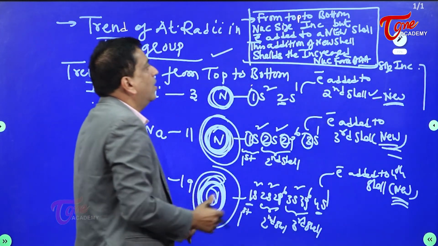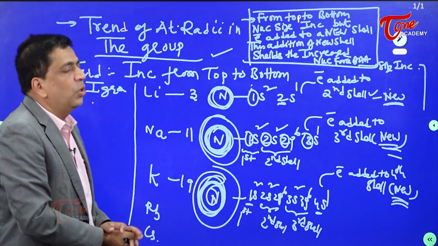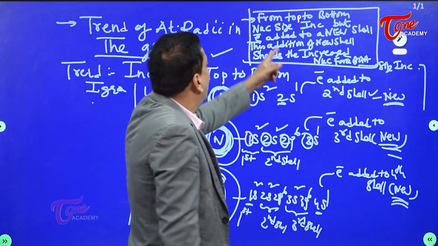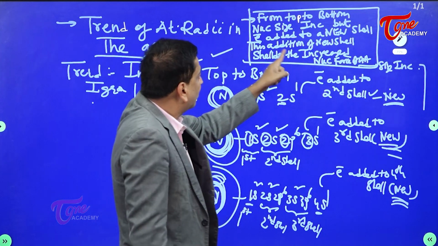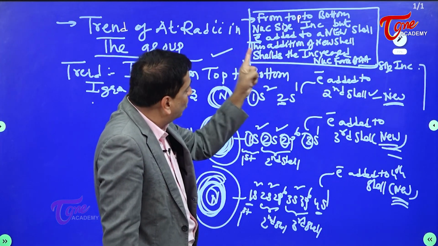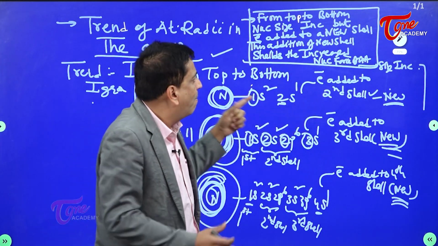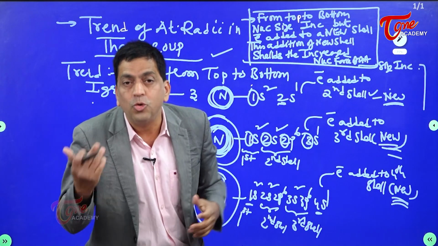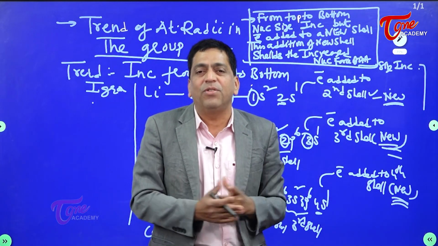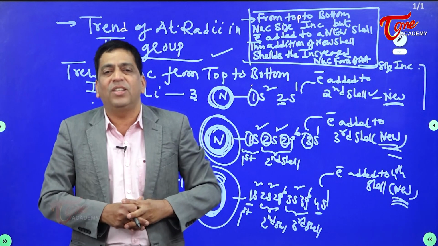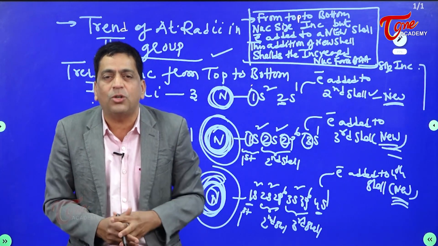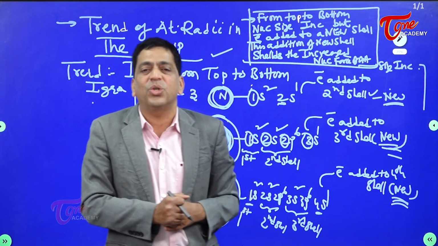You must understand here. So how do you explain it in a beautiful way? Understand that from top to bottom, the nuclear size increases. There is no doubt in that. But the electron is added to a newer shell, and this addition of a new shell is compensating the increased nuclear force of attraction.